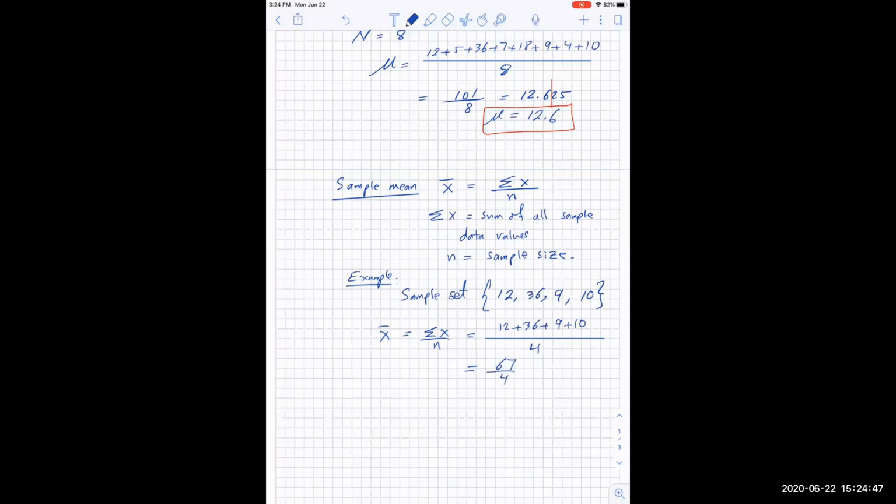And again, I round to one decimal place, so 16.8. For this sample, the sample mean is 16.8.